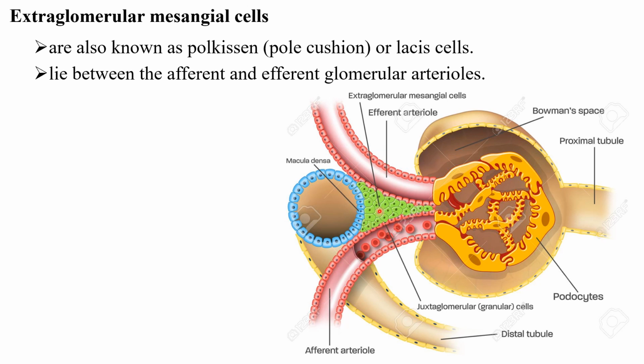These are called extraglomerular, present outside the glomerulus, which is why they are called extraglomerular mesangial cells. These are also known as Polkissen, or pole cushions, or Lacis cells. They act as a cushion in between the afferent and efferent arterioles, hence the name pole cushion, and they lie between the afferent and efferent glomerular arterioles.